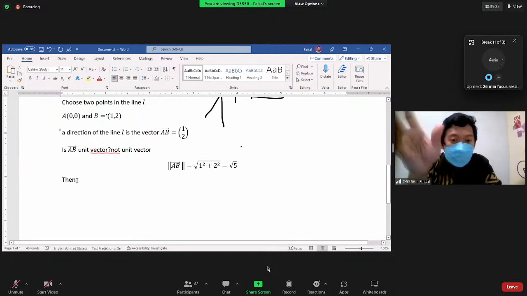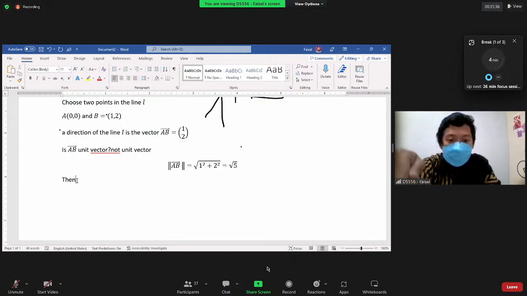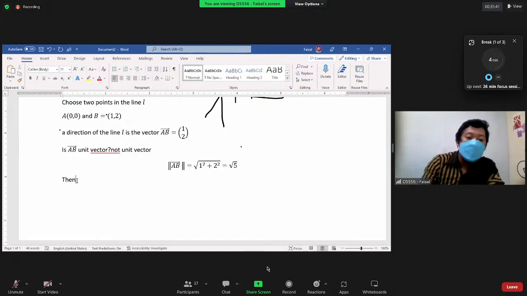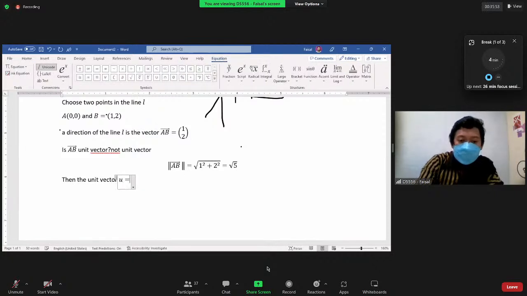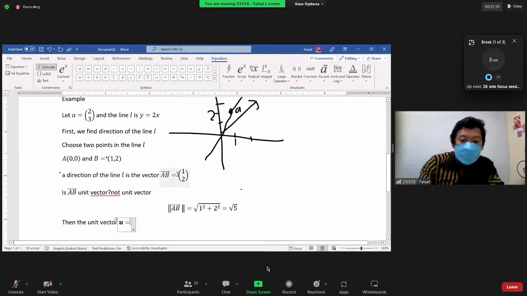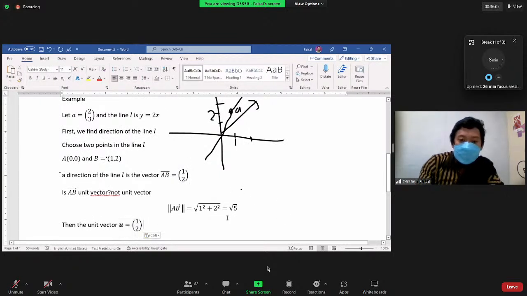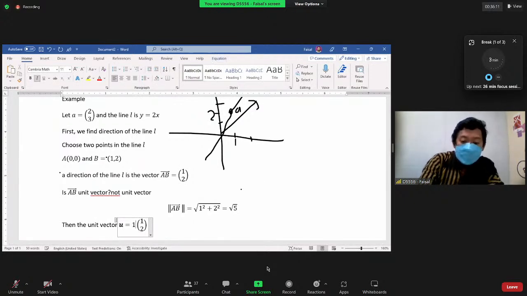So we must normalize. We must divide AB by its norm. So the unit vector U is AB divided by its length, or multiplied by 1 over the square root of 5.